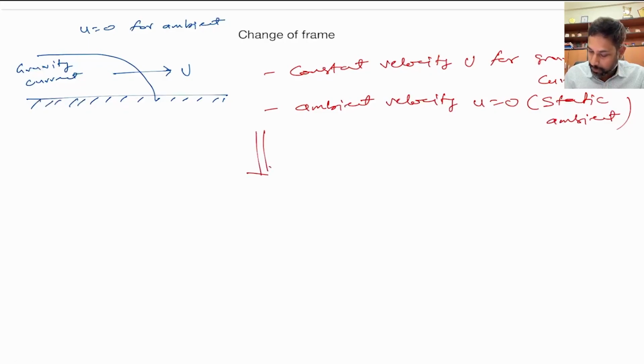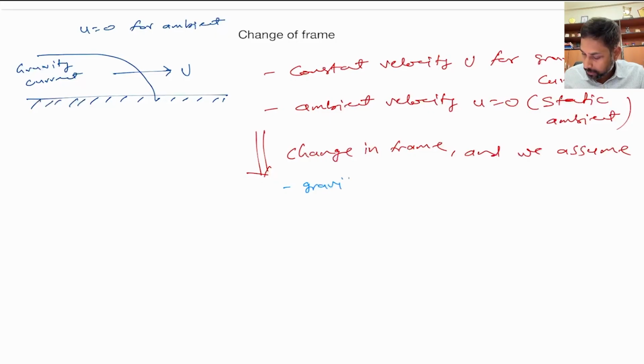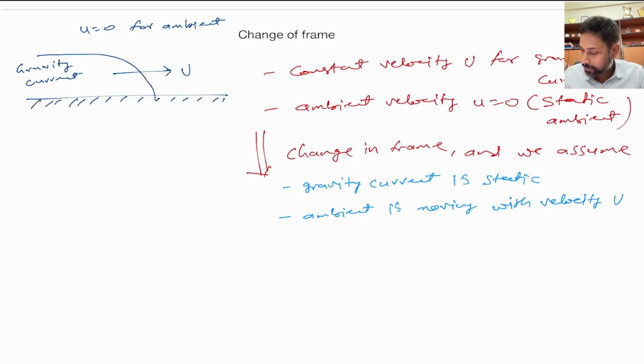So from here we will apply a change in frame, and we assume that gravity current is static and ambient is moving with velocity u.